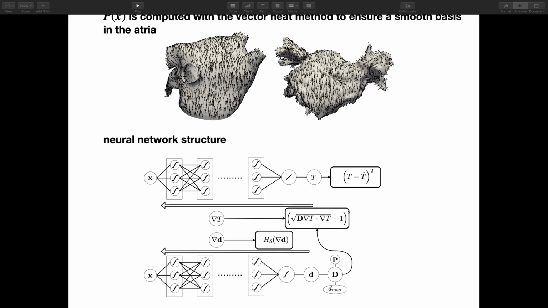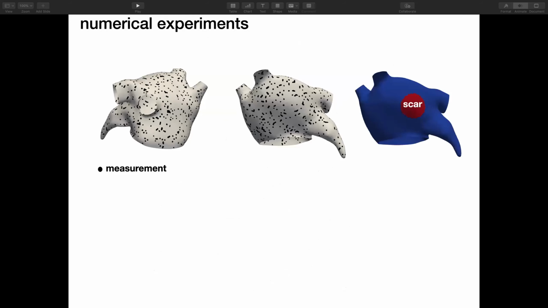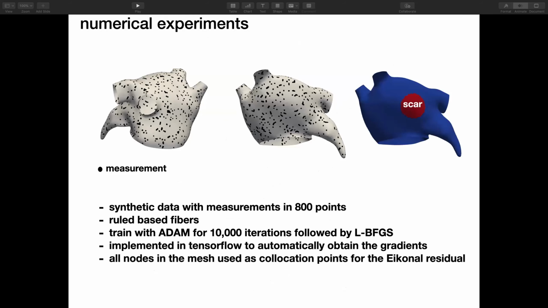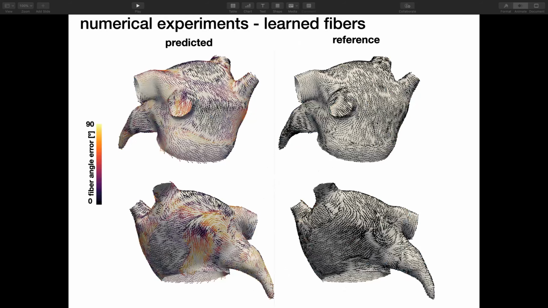In this case, we didn't do that because basically that would be cheating, because the examples that we were trying to approximate were created with a rule-based approach. But you're right. If we had a basis that already accounted for this discontinuity in fiber direction here, that would probably make things a lot easier for the neural net. Okay, great. Thank you very much.